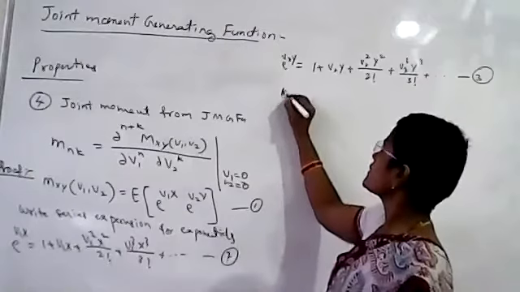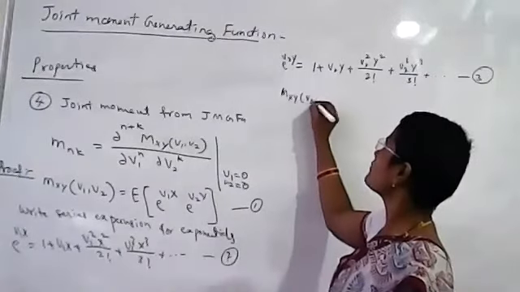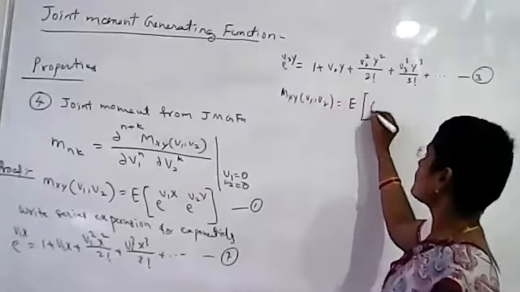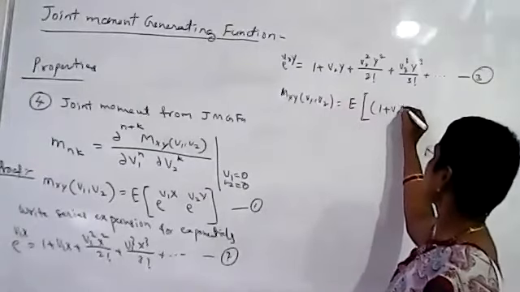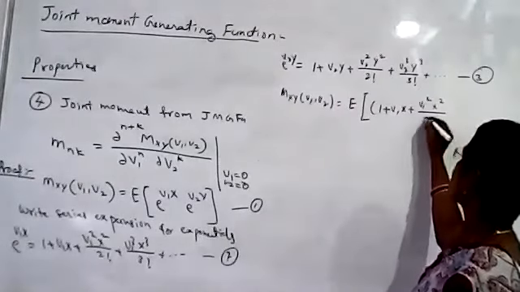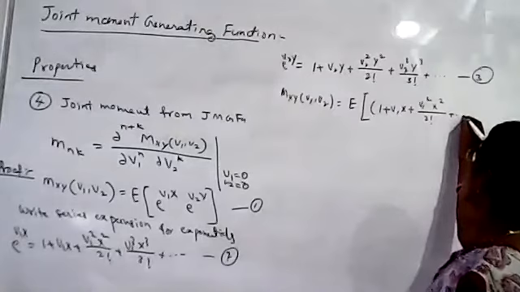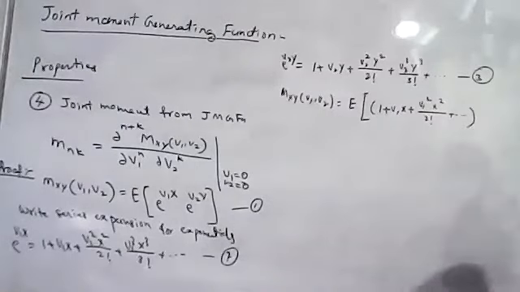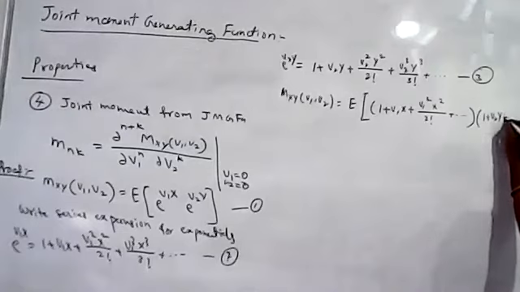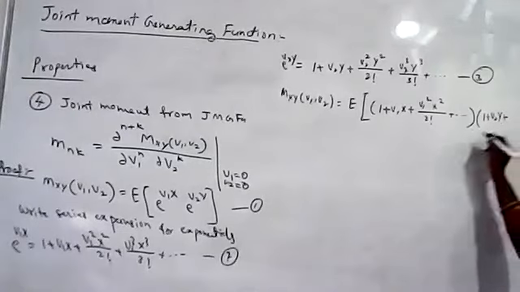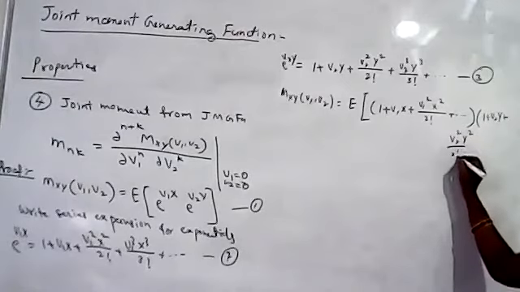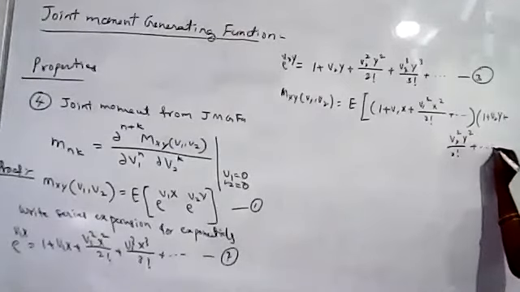Then Mxy of v1 comma v2 can be written as the expected value of (1 plus v1x plus v1 square x square by 2 factorial plus so on) into (1 plus v2y plus v2 square y square by 2 factorial plus so on).